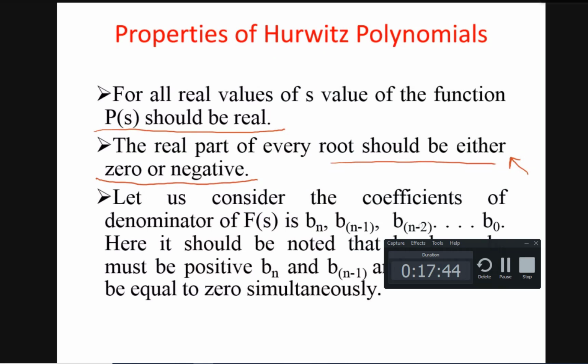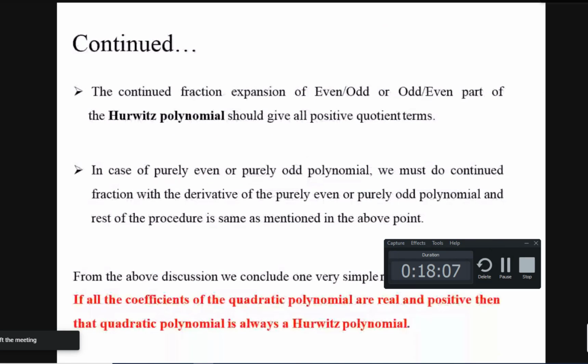And let us consider the coefficients of the denominator: bn, bn minus 1, bn minus 2, b naught, etc. It should be noted that these must be positive, and among these bn and bn minus 1 should not be equal to 0 simultaneously. Otherwise, it is not a Hurwitz polynomial.